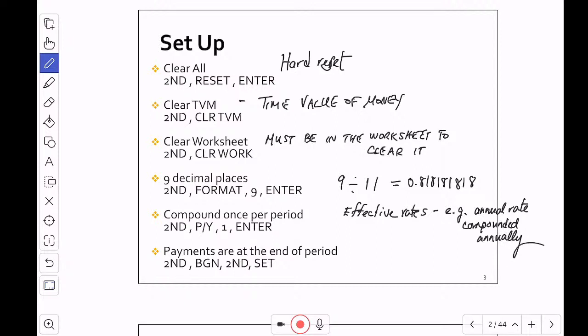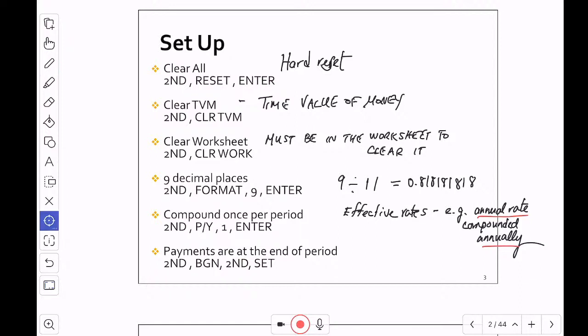Okay, so the annual rate compounded annually, it's stated over a year and it compounds over the year. So when those are the same, that's known as an effective rate. And you're probably wondering, well, how can it be different than that? But you will learn. I will show you how that works.